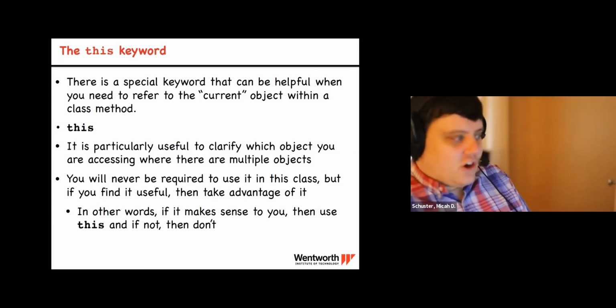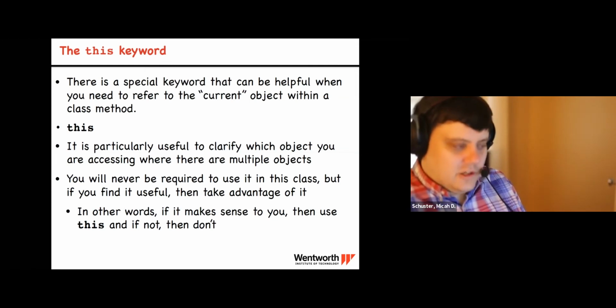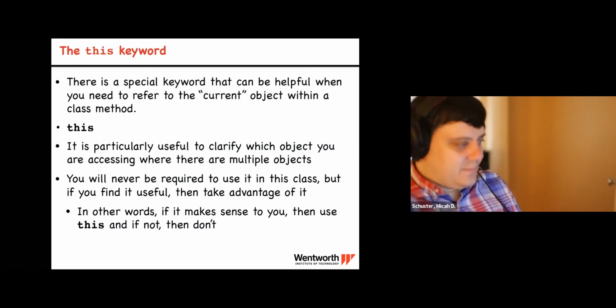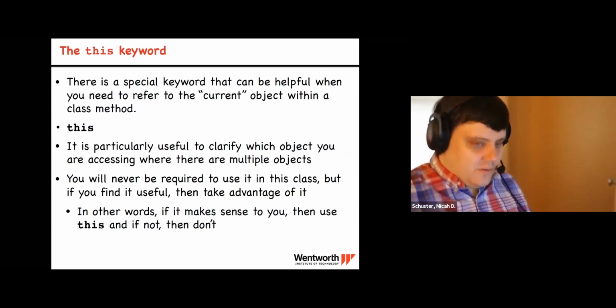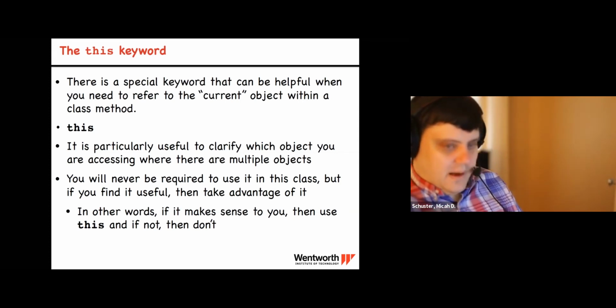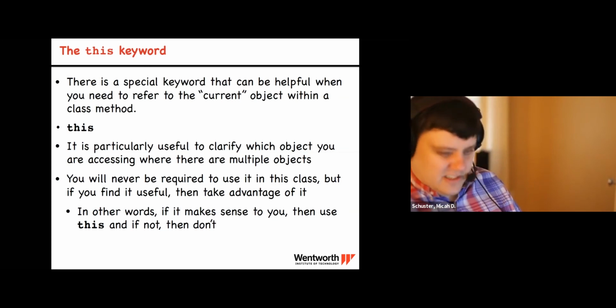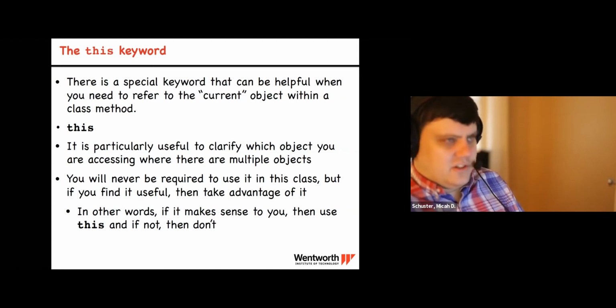But in your code, it can help you clarify what you're accessing when you're using a variable name. It's never required. It's not something you have to use when you're coding with OOP. If you came from Python, this is equivalent to self. In Python they call it self. C-like languages typically use this. Other languages typically stick with either this or self.